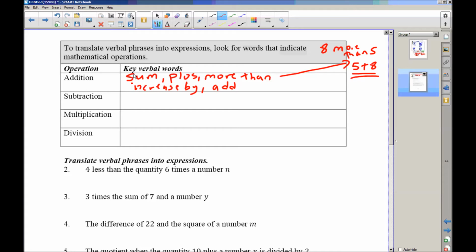Okay, so for subtraction, we have difference, minus, less than, decreased by, subtract, and then there's a good bit of other ones that we'll run into later.